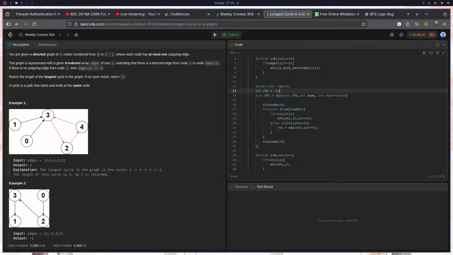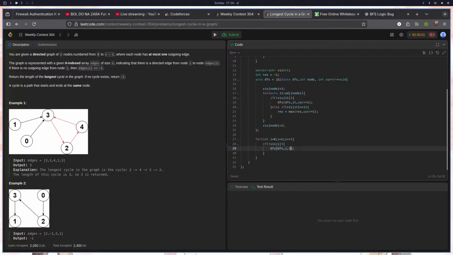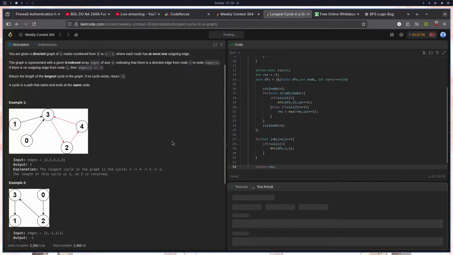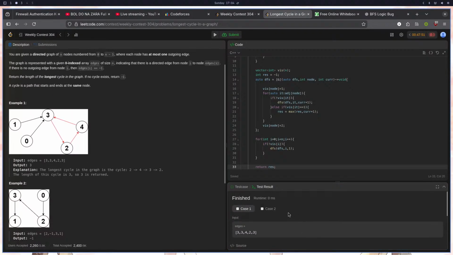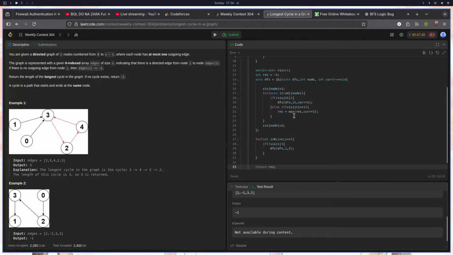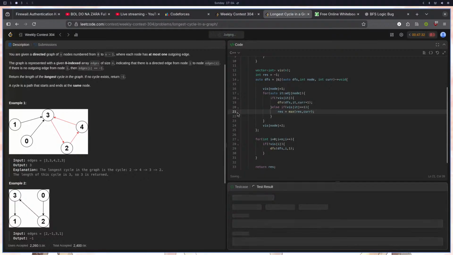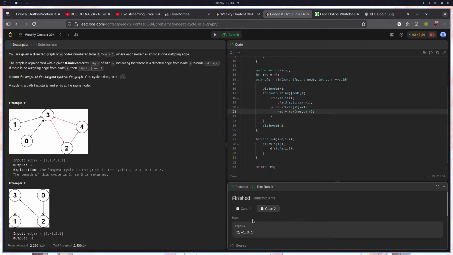Answer is equal to -1. Sorry. 5, the fuck, 3, -1. The fuck, it is 4.